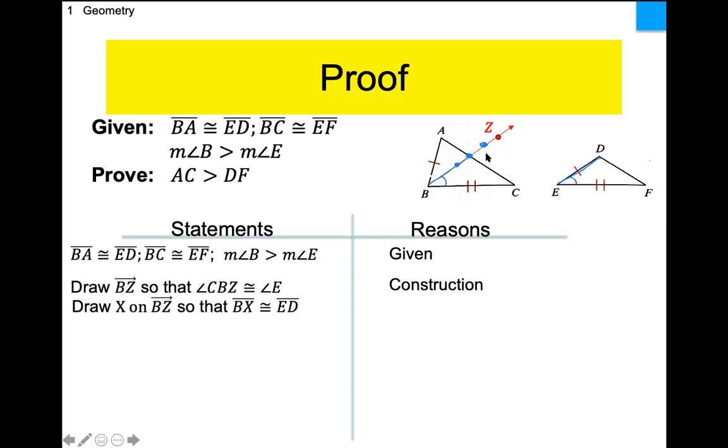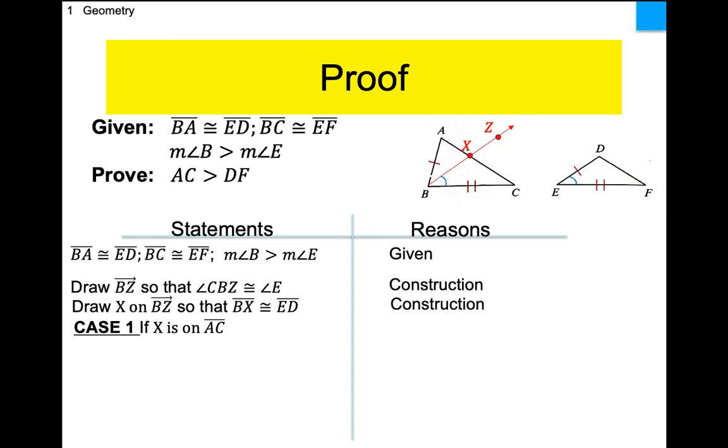So there's actually two cases here. The case where this point, we'll call it X, winds up on AC, or X does not wind up on AC. So we're going to consider both cases. All right, so the first case I'll consider is that X is on AC.